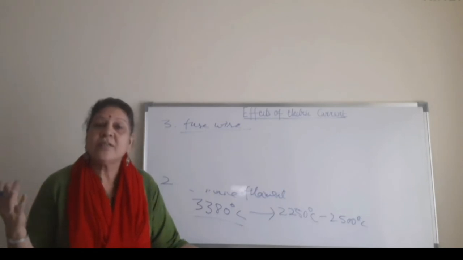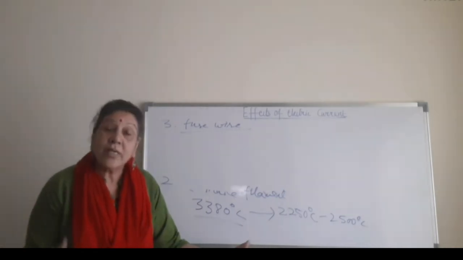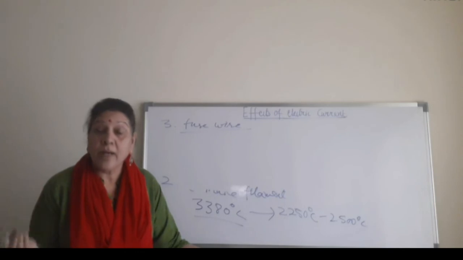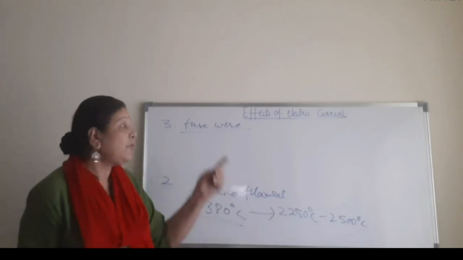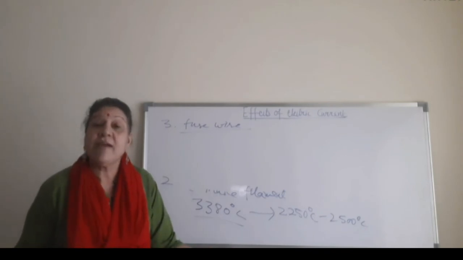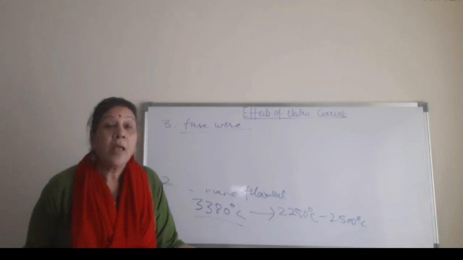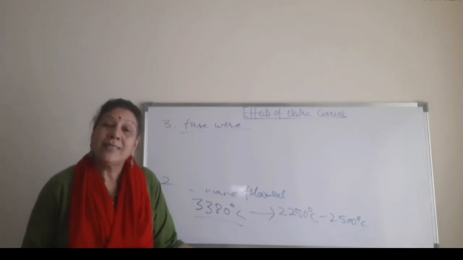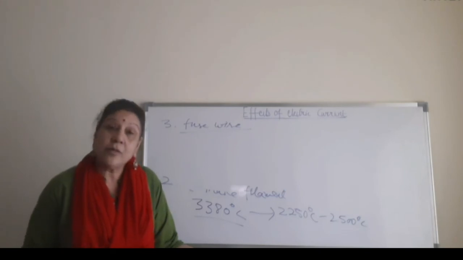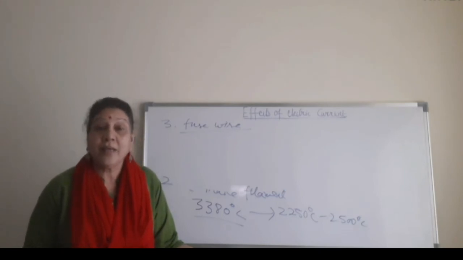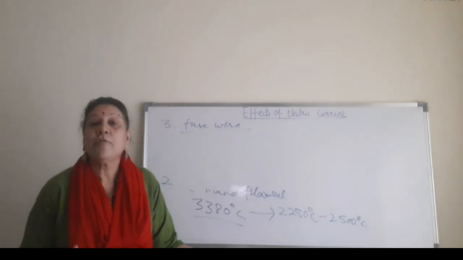With a sudden surge in the electric current, the heat energy suddenly becomes so much that the fuse wire melts. It's a safety device. The fuse wire melts and stops the flow of electric current further, and avoids hazards and accidents. So this is also one of the applications of the heating effect of electric current.